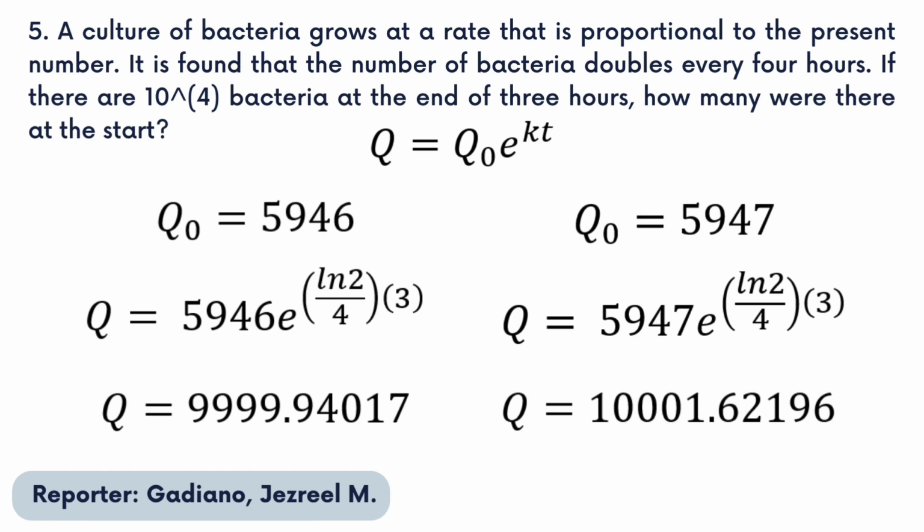Kung papansinin natin, mas malapit sa 10,000 yung magiging sagot kung ang initial quantity natin na gagamitin is 5,946. Kung i-compare natin yung 5,946 and 5,947, mas accurate na sagot yung 5,946. Kasi mas malapit sa 10,000 yung Q pag si 5,946 yung initial quantity.